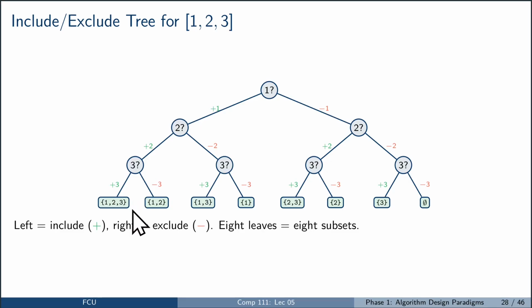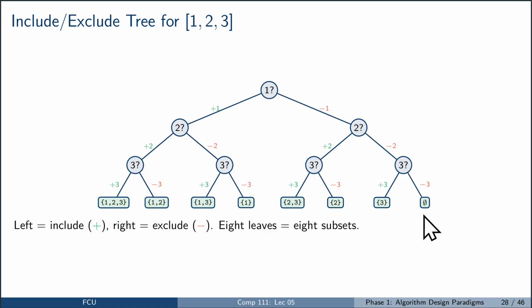So there are 8 total leaves, and the leftmost sequence is 1, 2, and 3 in this order, which includes everything. The empty set is on the right-hand side, because at the topmost decision we didn't choose 1, we could have chosen 2 but didn't, and we could have chosen 3 but didn't. We didn't choose anything, and that results in an empty set.